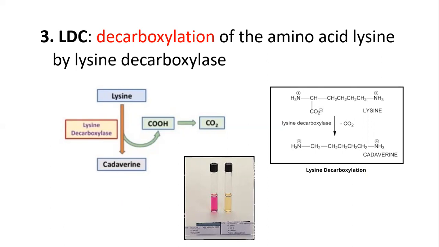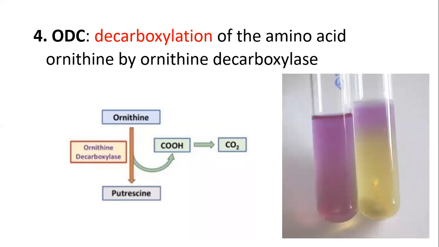Pink color will be the positive. After that, decarboxylation of the amino acid ornithine. Same is the function. It removes the carboxyl group. The ornithine decarboxylase is activated, and it produces its specific product, and the media is converted into purple in color.